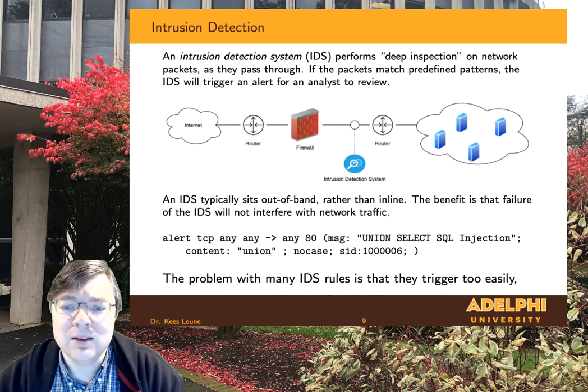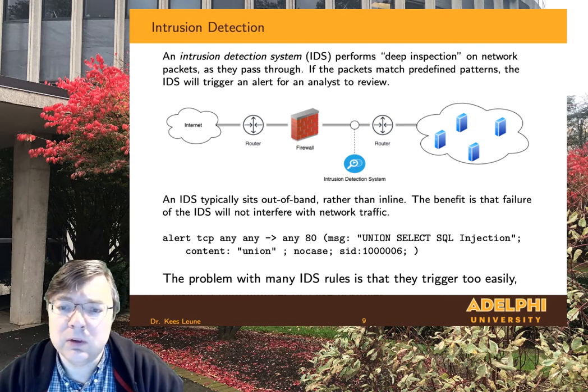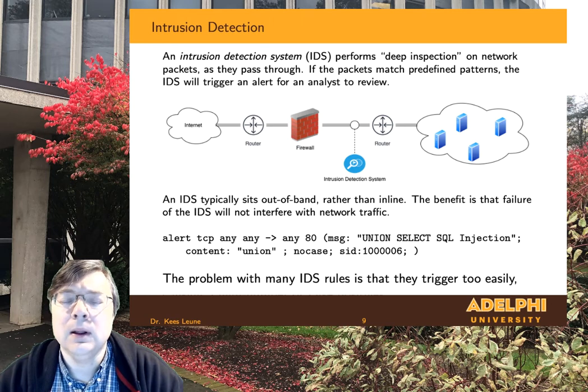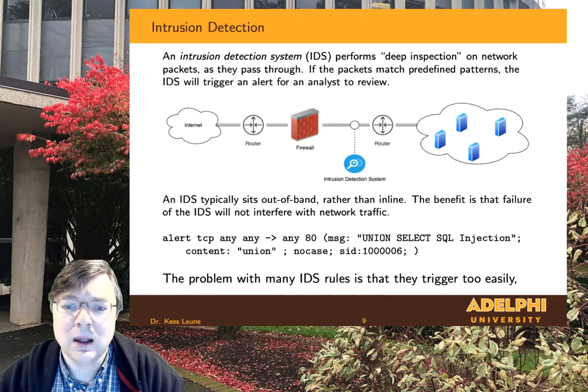What the IDS does is look all the way down, or up, depending on what direction, to the application layer. But then it's going to map or match those data elements it finds to signatures of known bad behavior. And that means that every network packet, packet by packet, is inspected as it flows over the network.